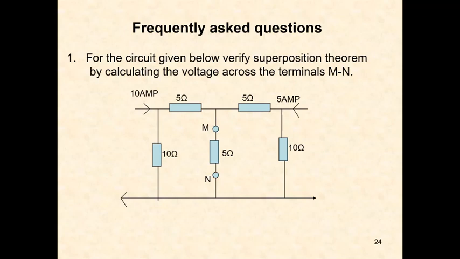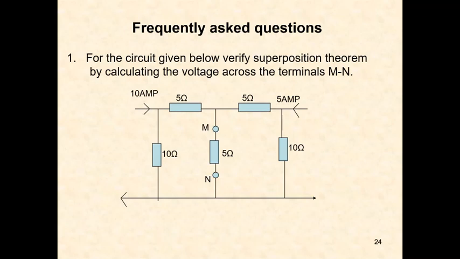When the 5 amps source is open circuited, then only the 10 amps is applied, but here there are two nodes, and V is the voltage across the 5 ohm resistor. From that we can do the two-node voltage analysis and find the current.